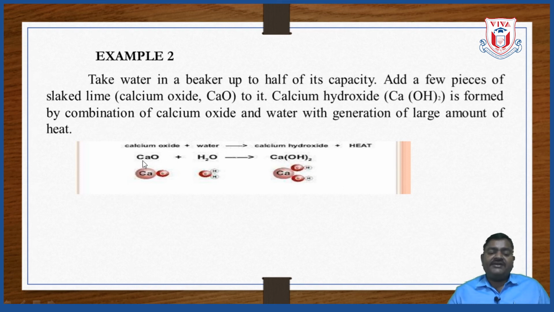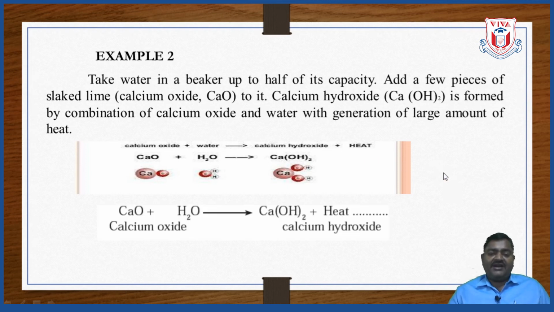Calcium oxide CaO, calcium, Ca means calcium, O oxygen, water H2O, H2 and O. calcium hydroxide तयार झालेला आहे Ca(OH)2, twice means 2 times, दोन वेळा आले की twice, प्लस हीट बाहेर पडलेली आहे, त्याच्यासाठी प्लस हीट आपण लिहिलेलं आहे. ते केमिकल रिॲक्शन can be written as CaO, that is calcium oxide, plus H2O, that is water, gives Ca(OH)2, that is calcium hydroxide, plus heat is given out.